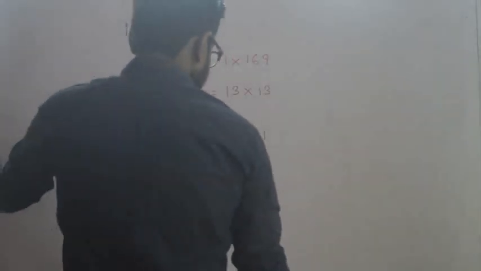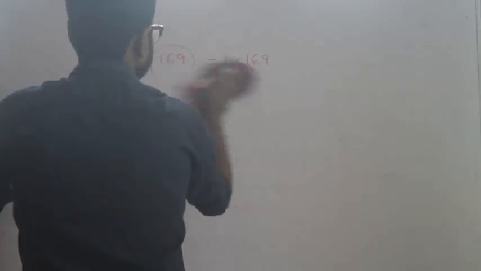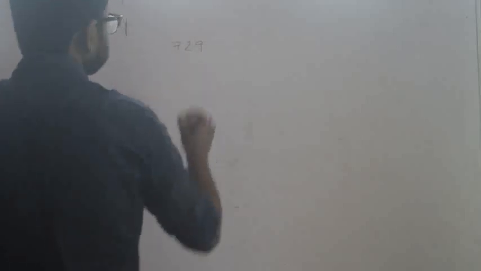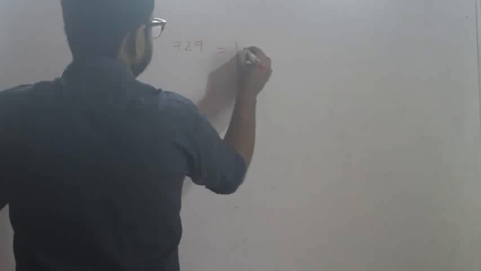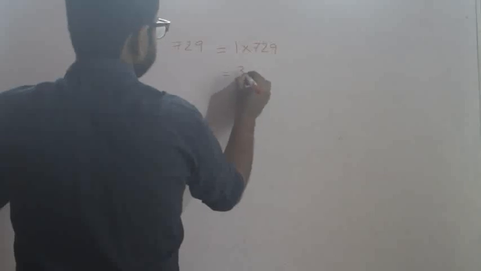Now, let us see again the method of finding factors. Let's take some more examples. Suppose the number 729. 729 can be written as, and this is divisible by 3.